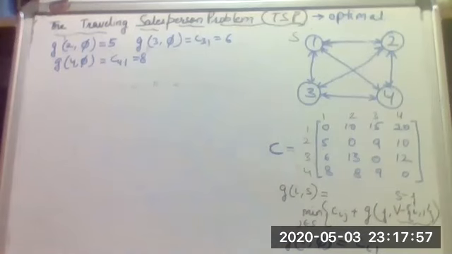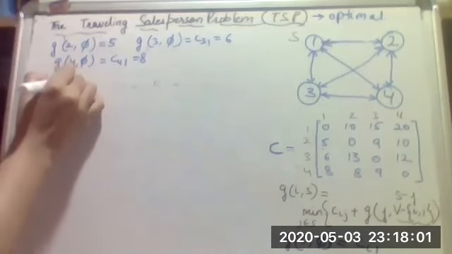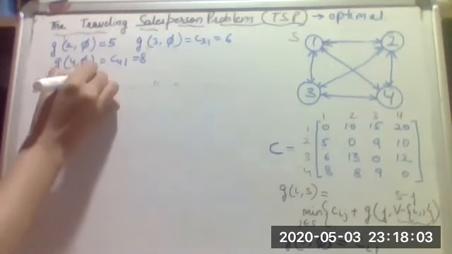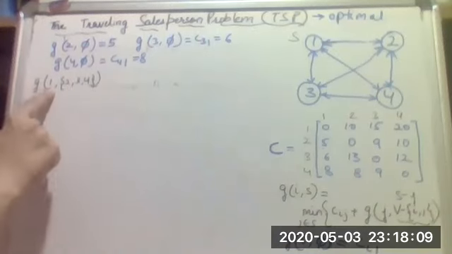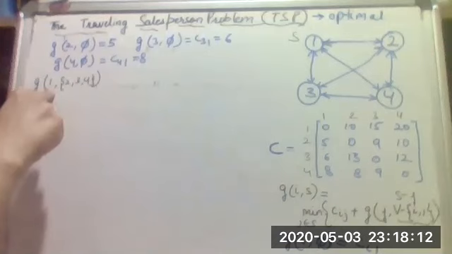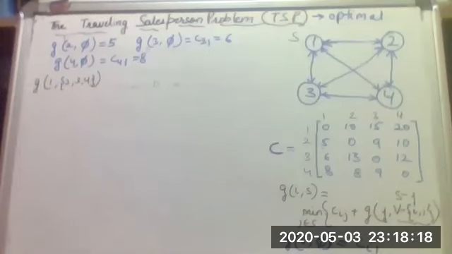Now, let's see what is our G of 1, 2, 3, 4 equal to. Yes, so this is what we need to compute, that we start from the source vertex and traverse through the second, third and fourth vertex and return back to the vertex 1.